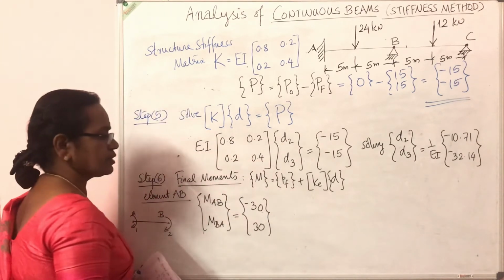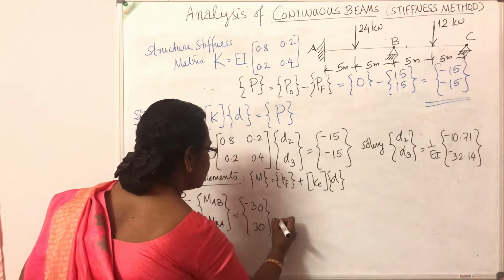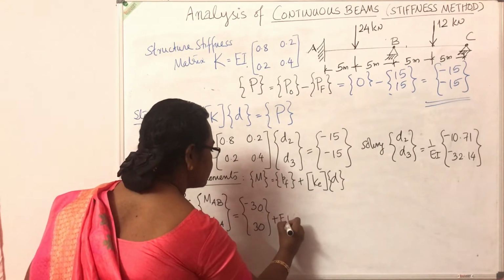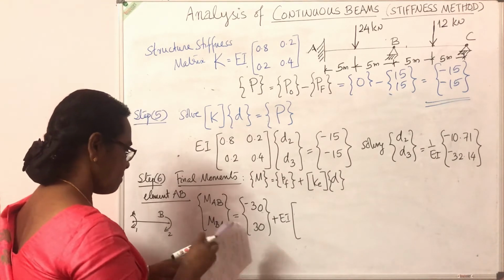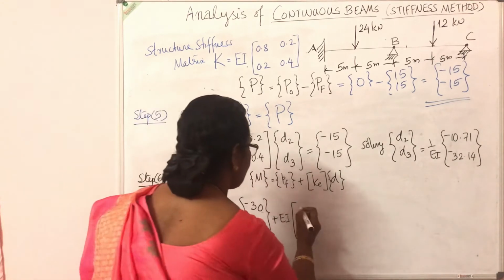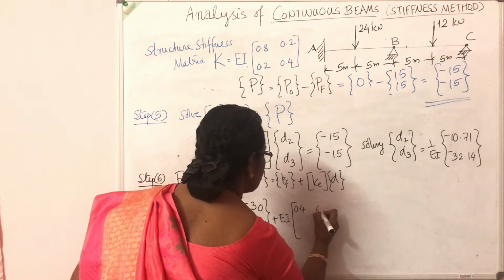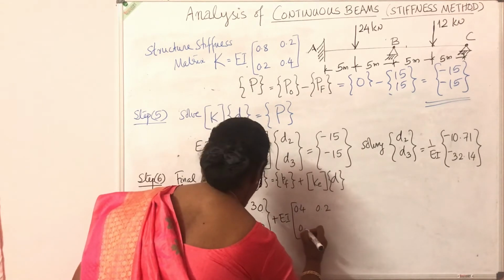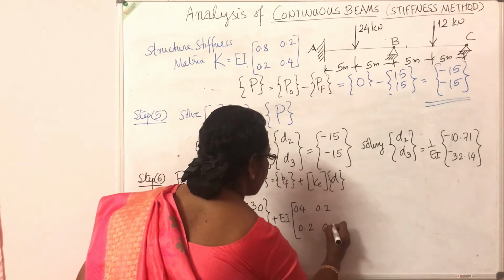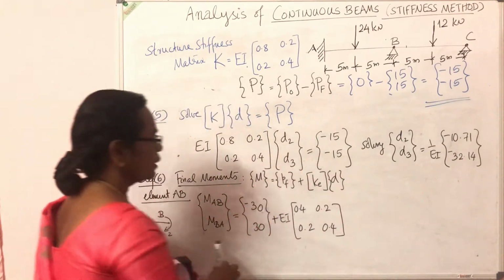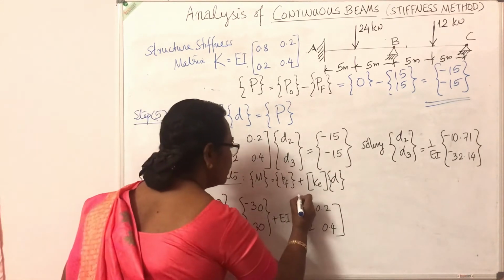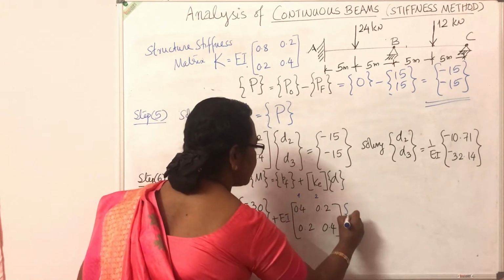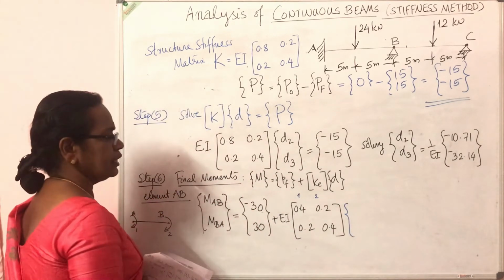Plus, the stiffness matrix for the first element was EI into 0.4, 0.2, 0.2, 0.4, and the numbers written at the top for the first element were 1, 2. So you multiply with D1, D2.